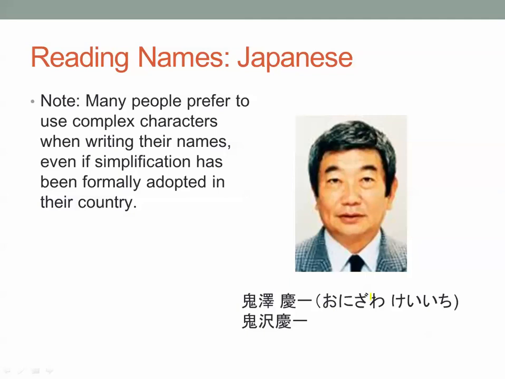As an example here, I have a picture of Onizawa Keiichi, who chooses to write his name like this. The Zawa is complex, but you could also Google him under this and find him. So if you're looking for a name and it doesn't come up right away, remember that you might need to consider a complex version or a simplified version, depending on what you're starting with.